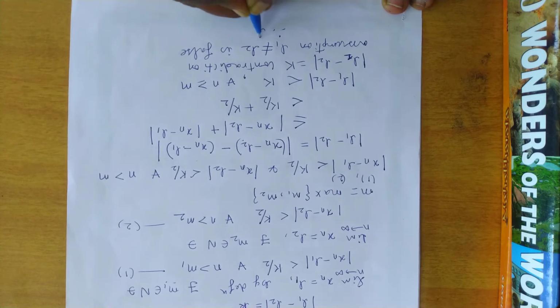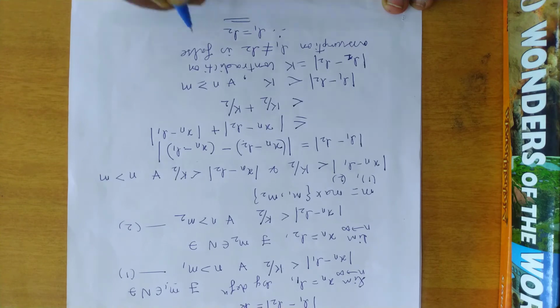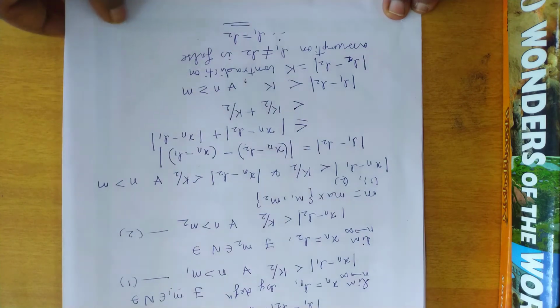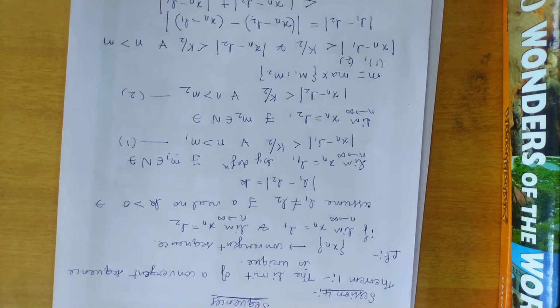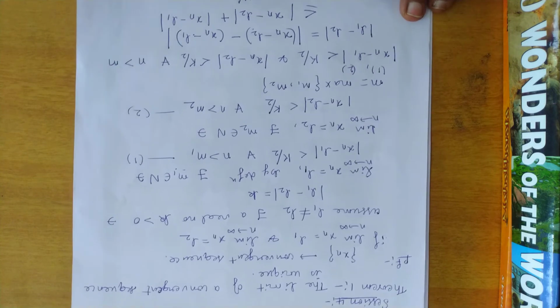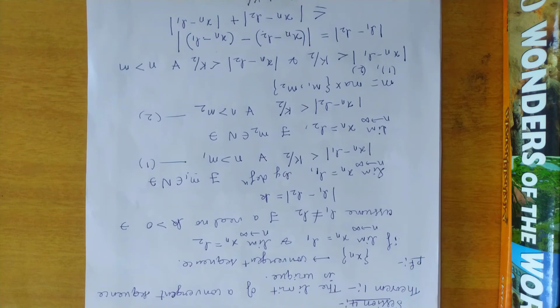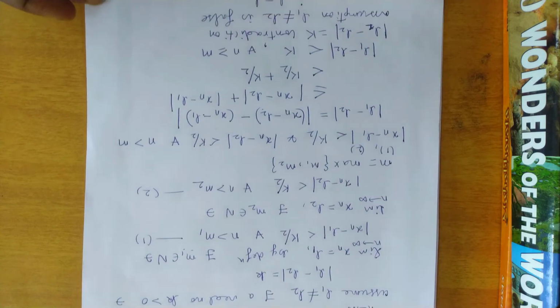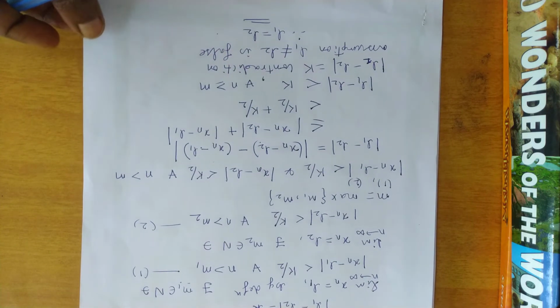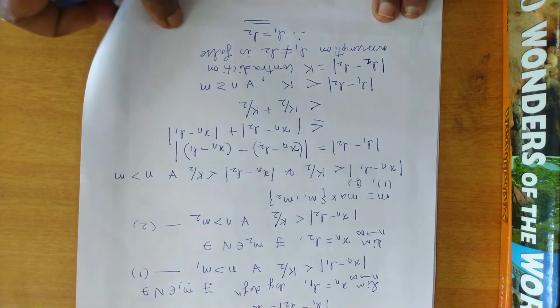And therefore, L1 should be equal to L2. And thus proves the theorem. So, the limit of a convergent sequence is unique. So, this proves the first theorem.